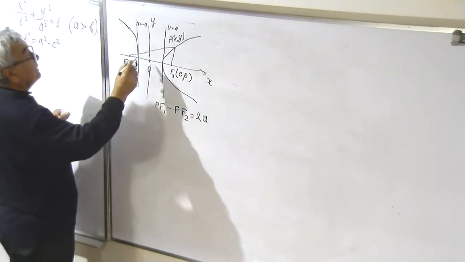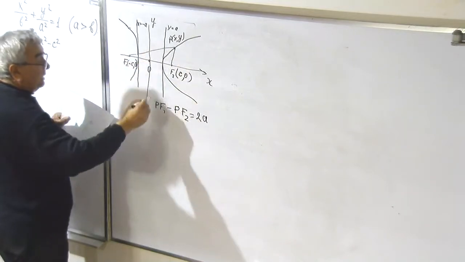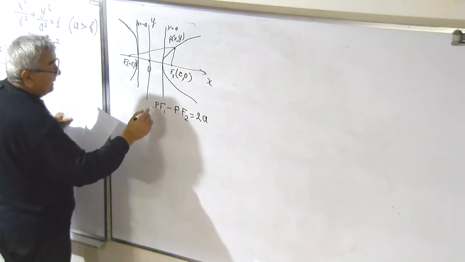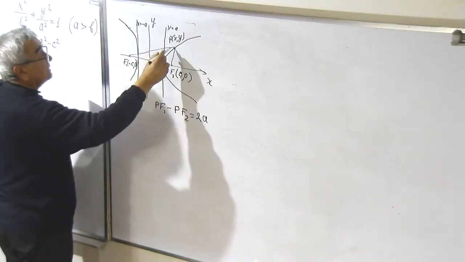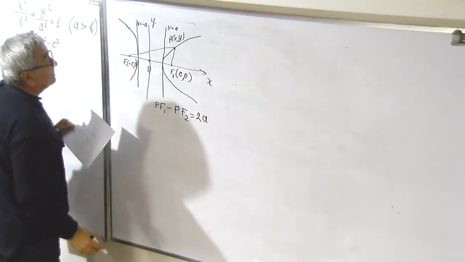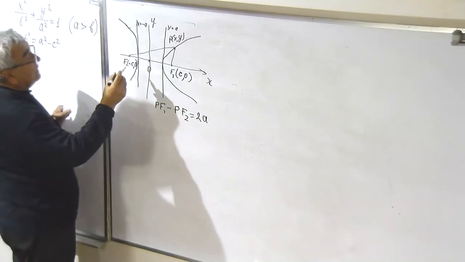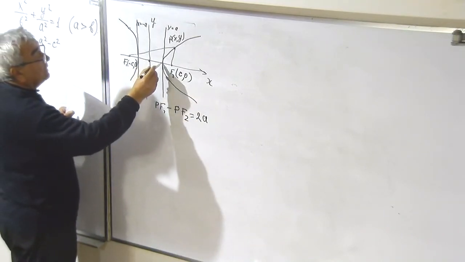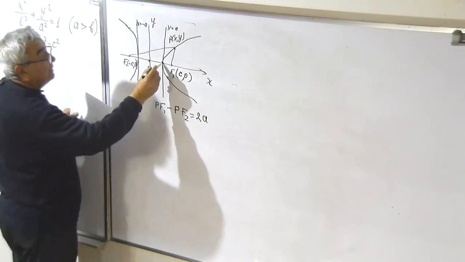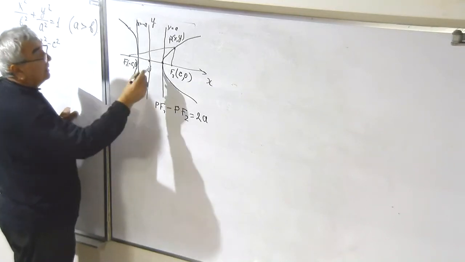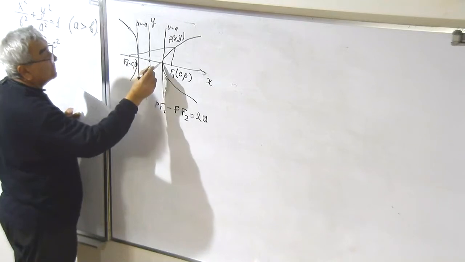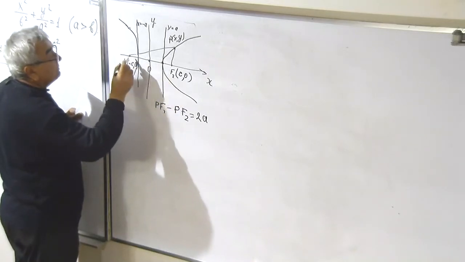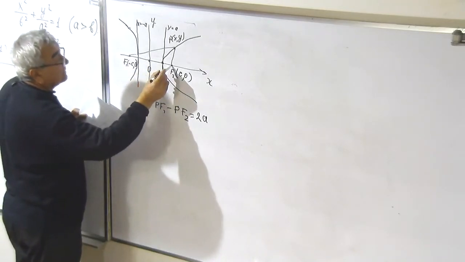The subtraction of this distance from this distance should always be constant. Let me take a point here, you see? In this case the distance from F to this point, it is necessary to subtract this.